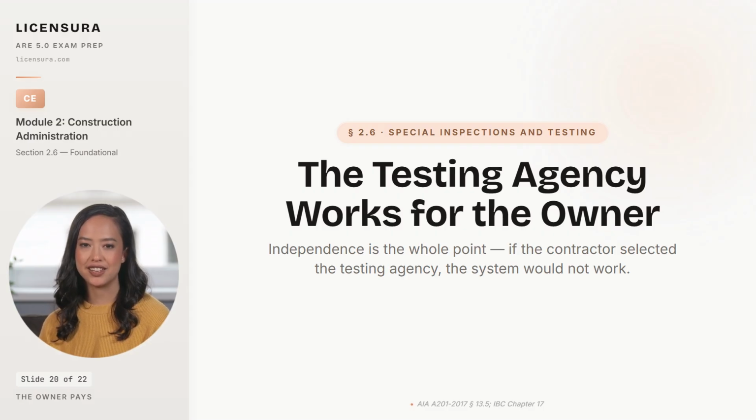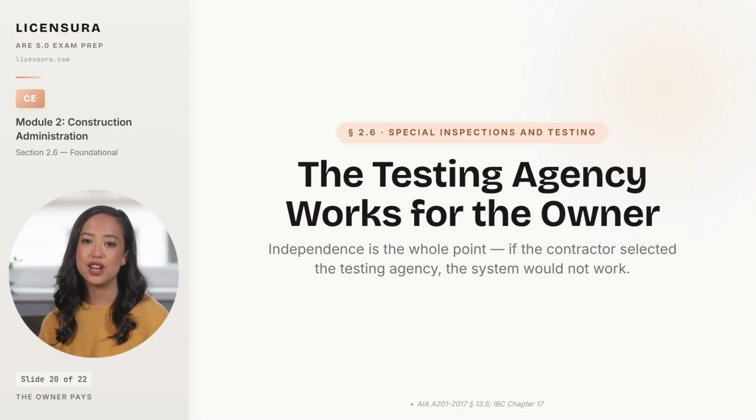IBC, Chapter 17, governs the structural special inspections in jurisdictions that adopt the IBC, and the Statement of Special Inspections, typically prepared by the structural engineer of record and made part of the permit set, identifies which elements require continuous inspection, which require periodic inspection, and what qualifications the inspector must hold. The building official approves the inspection agency before work begins and receives the final report after completion.